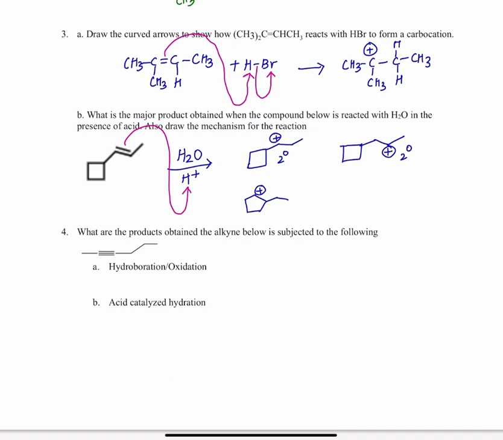Okay, this is a new carbocation, which is definitely a 5-member ring structure, which is definitely more stable than the one that we got here, right? And now your H2O molecule will act as a nucleophile on this, first giving rise to our protonated alcohol.